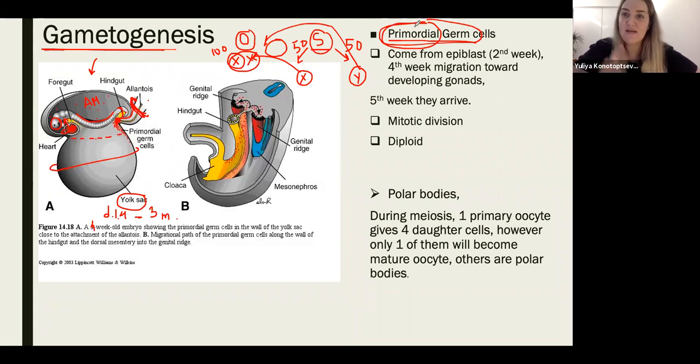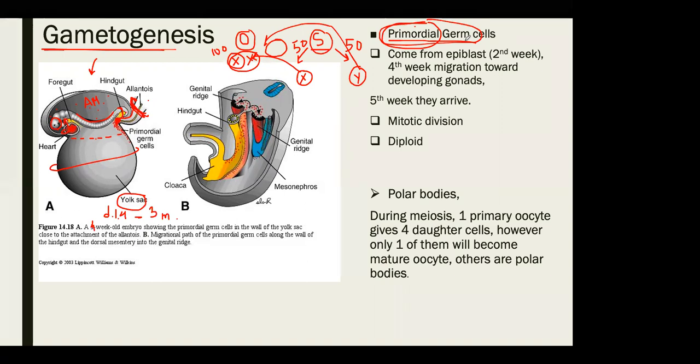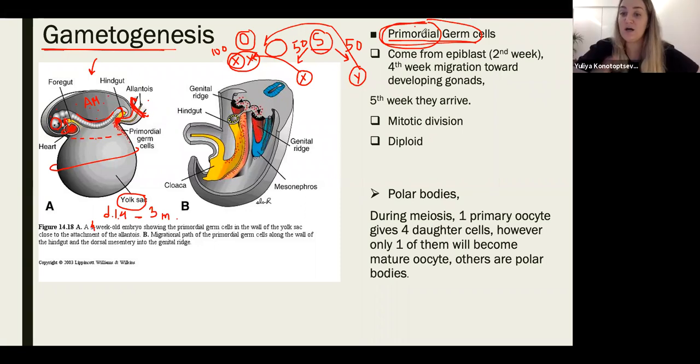So could you find a primordial germ cell in an adult? If you see a statement like this in the embryo exam, PGCs are present in adult. Is it a correct statement? False. It is a false statement, very good, because PGCs are only present in embryo.